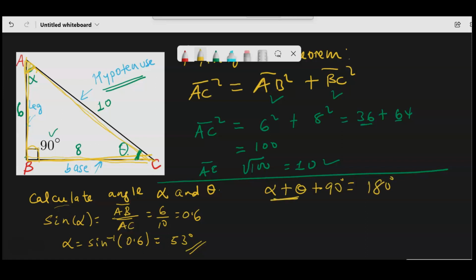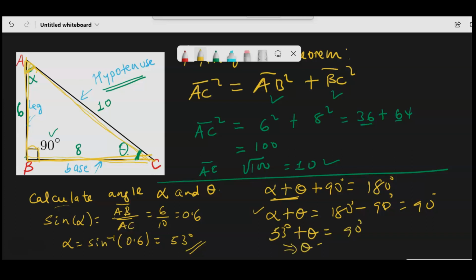And also alpha plus theta must be 90 degrees, which is 180 degrees minus 90 degrees. That gives us 90 degrees. So we know alpha, we calculated it as 53. So we can put that value in here: 53 degrees plus theta equals 90 degrees. That means theta is 90 degrees minus 53 degrees.